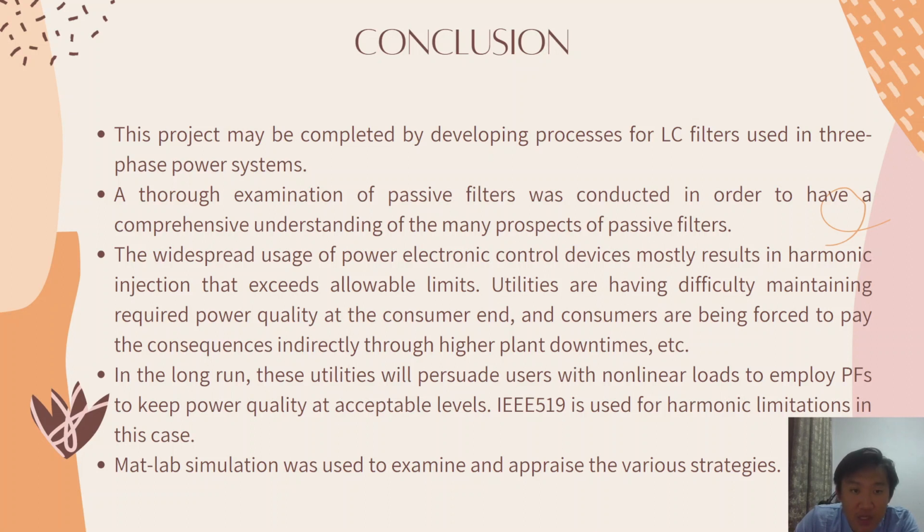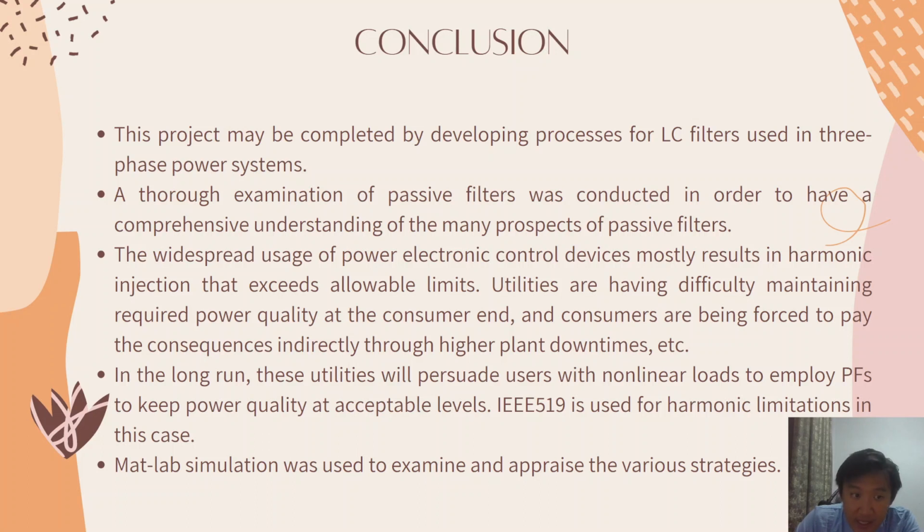The widespread usage of power electronic control devices mostly results in harmonic injection that exceeds allowable limits. Utilities are having difficulty maintaining required power quality at the consumer end, and consumers are being forced to pay the consequences indirectly through higher plant downtime.